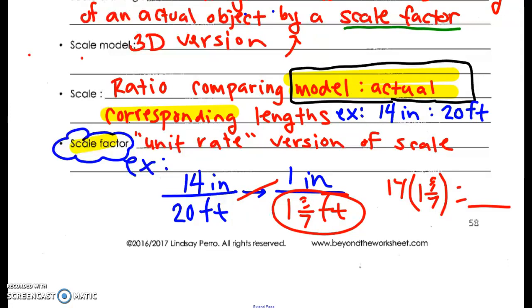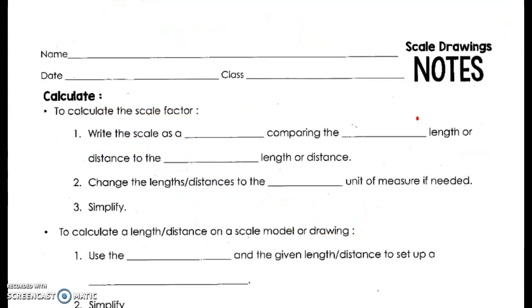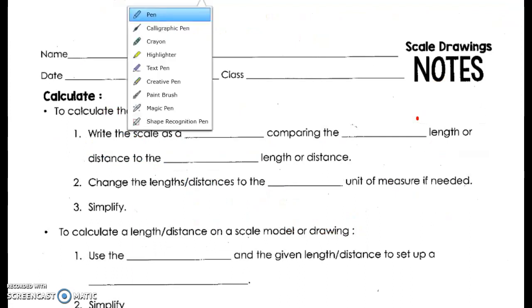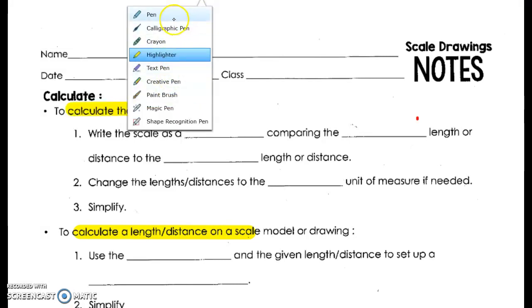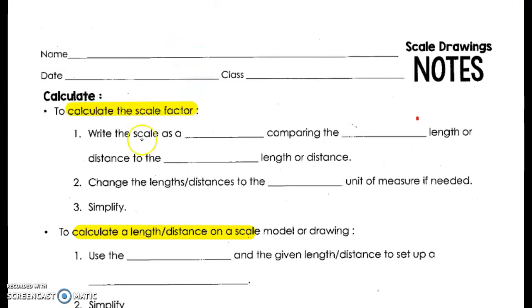If you flip these notes over, you'll see a page on the back that looks like this, and I'm just going to walk you through how you go about calculating, if you're asked a question, the scale factor and calculating a length or a distance from a drawing. So the first thing that you need to do if you are calculating the scale factor is write a scale as a fraction or a ratio.